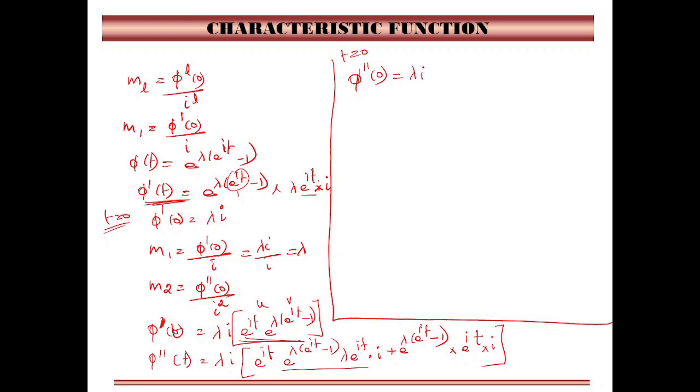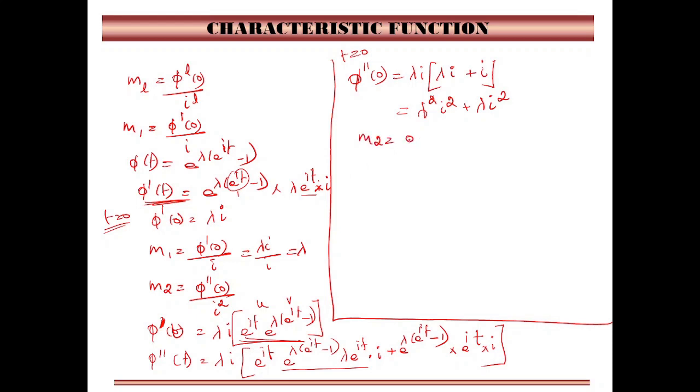Again we are getting lambda I into lambda I plus, here also we get e power 0, so e power 0 is 1 into I. Multiplying, lambda square into I square plus lambda into I square.